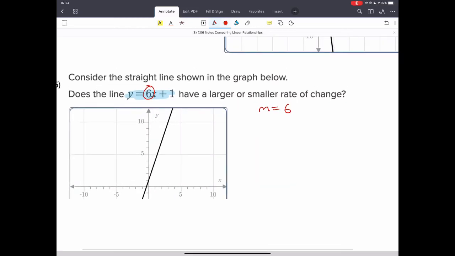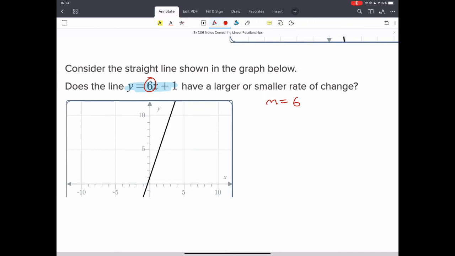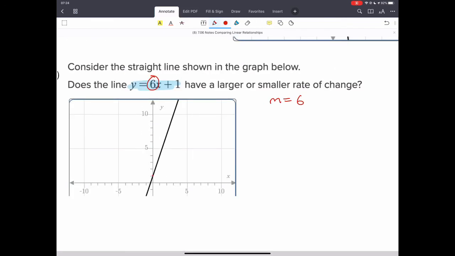That's our slope. Now we need to find it in the graph. So again, we pick a point. That to me looks like it's a positive 1 on the y-axis. And then we need another point.